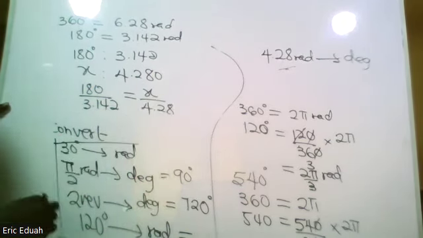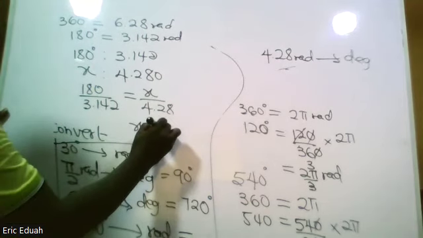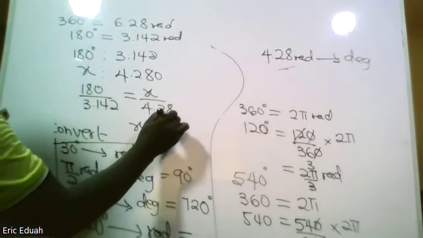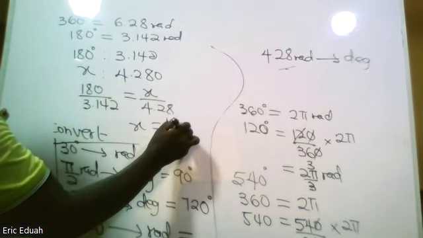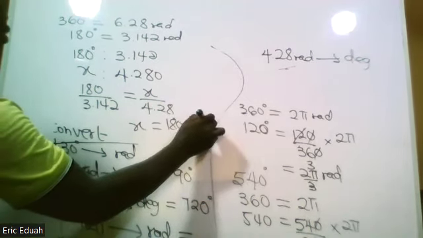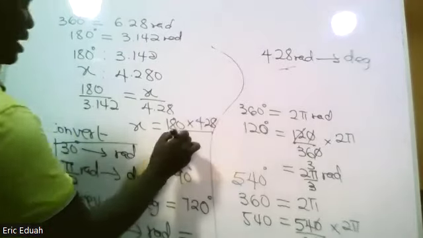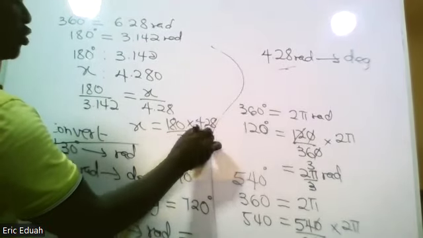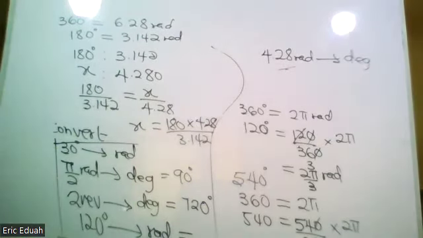Then you make x the subject. x is equal to 180 times 4.28 divided by 3.142. And the calculator would help you out.